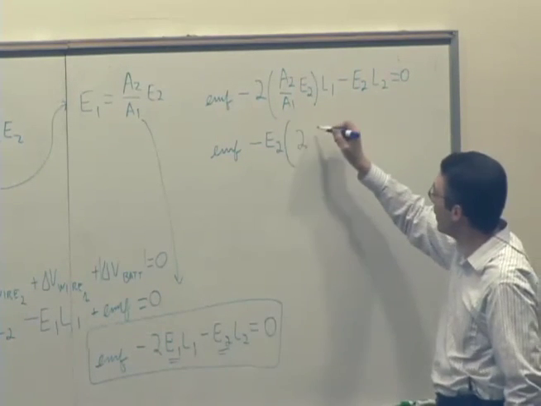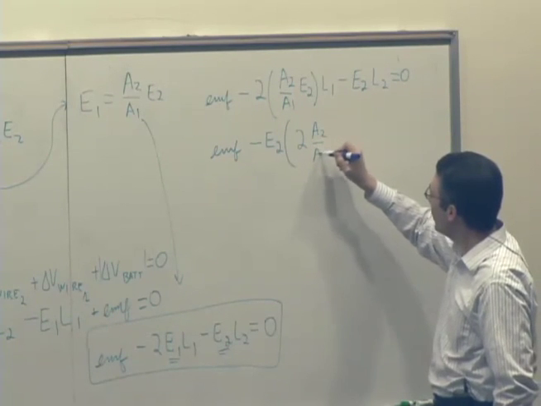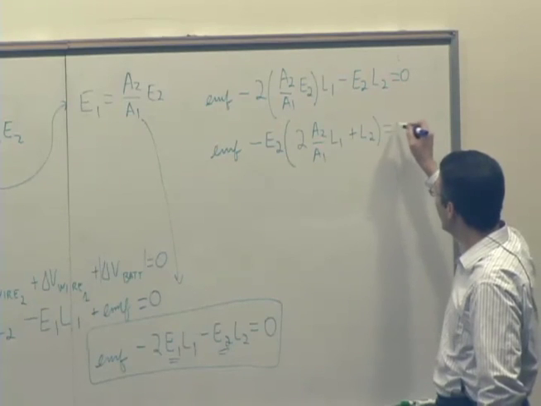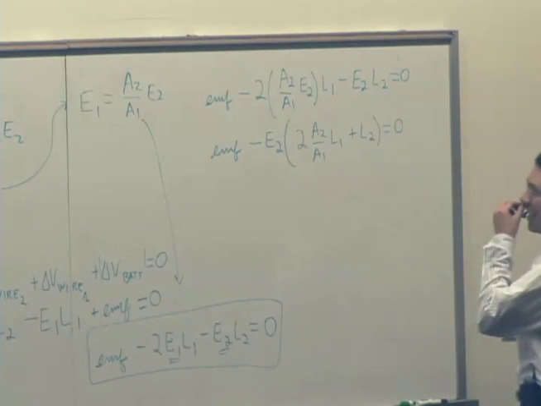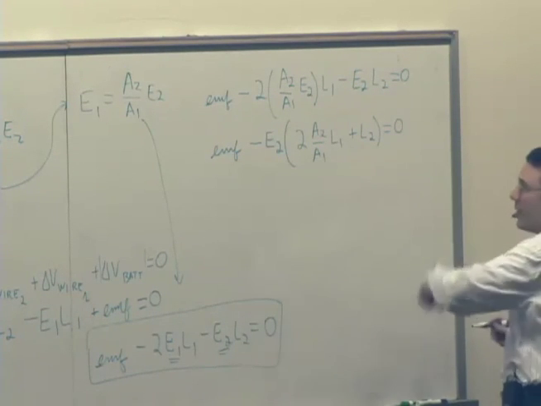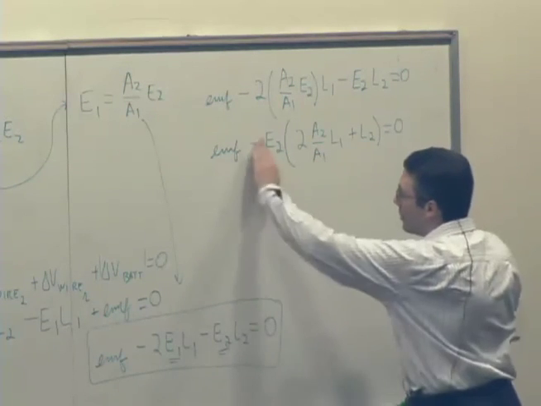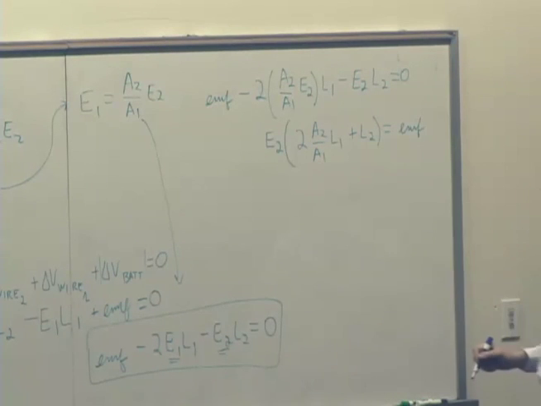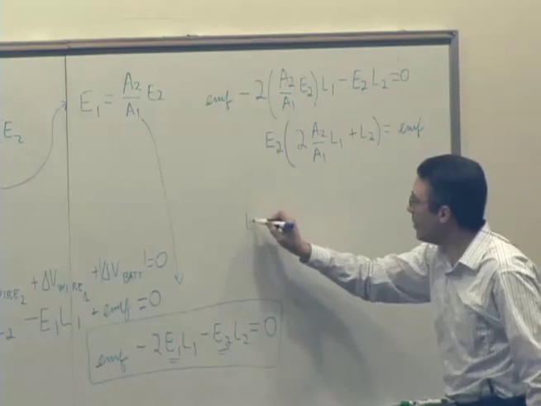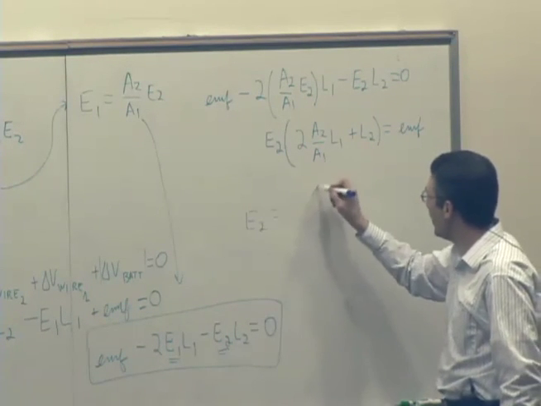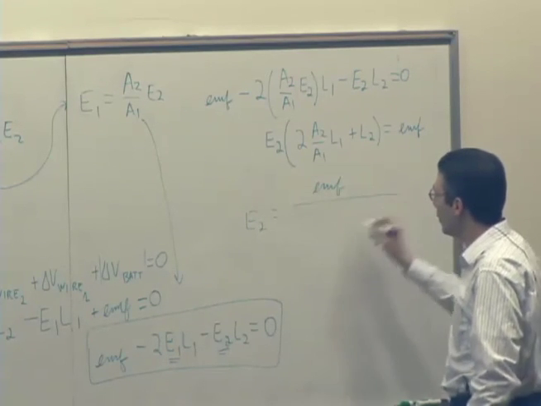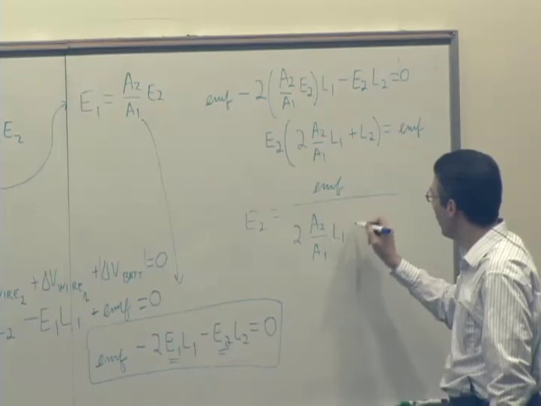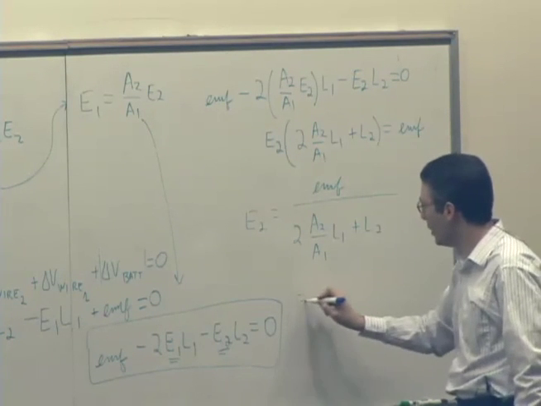So I have 2 A2 over A1 times L1 plus L2 equal to 0. And then I can bring the EMF to the other side of the equation, and then this becomes positive, equal to EMF, right? And then I can solve. I can say E2 is equal to the EMF over 2 A2 over A1, L1 plus L2.